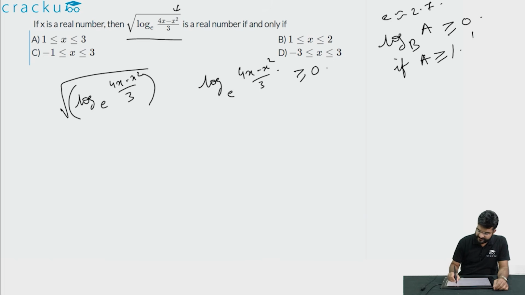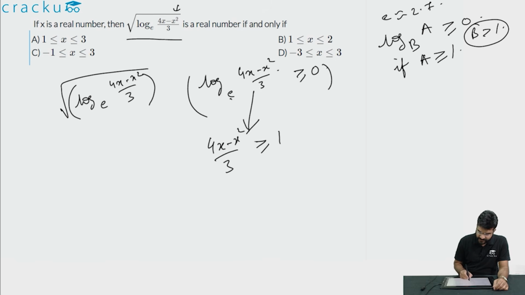This is true if b is greater than 1. So in this case, as e is greater than 1, for this entire logarithm to be greater than or equal to 0, 4x minus x square by 3 has to be greater than or equal to 1. When this term equals 1, the logarithm will become 0.